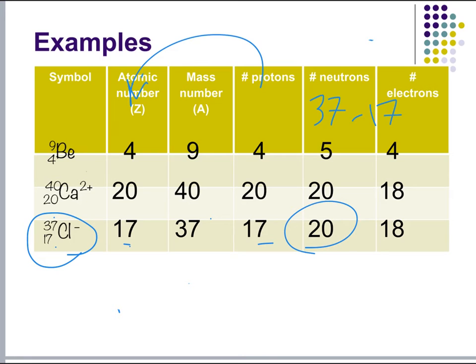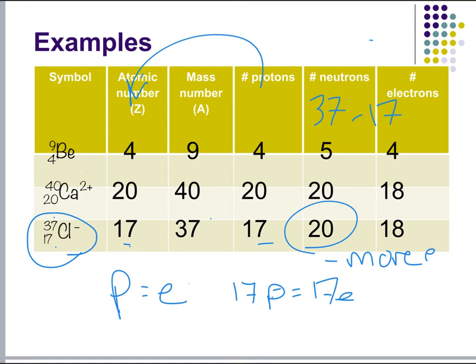So normally the protons equal the number of electrons. So if the number of protons was 17, you would expect that there would be 17 electrons. However, the negative sign means I have one more electron. So plus 1 is 18. So this one actually also has 18 electrons.